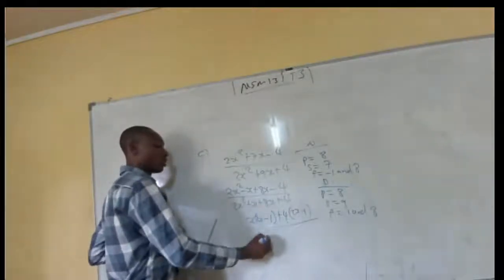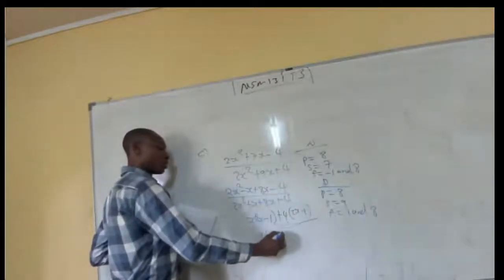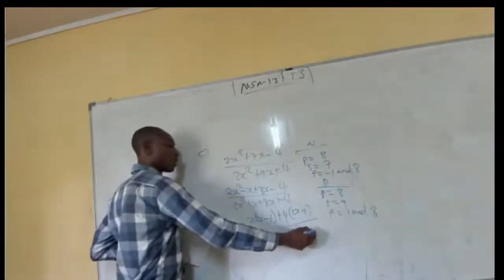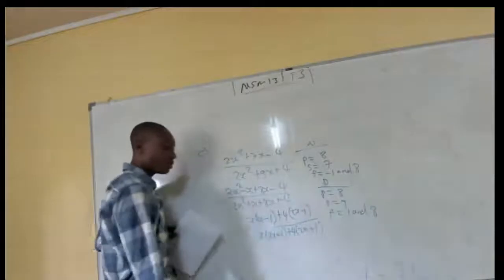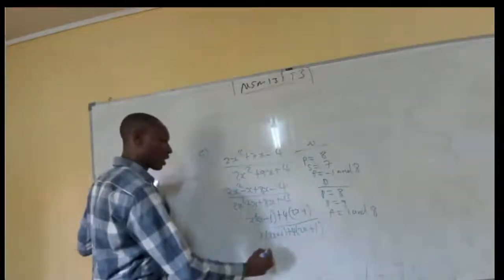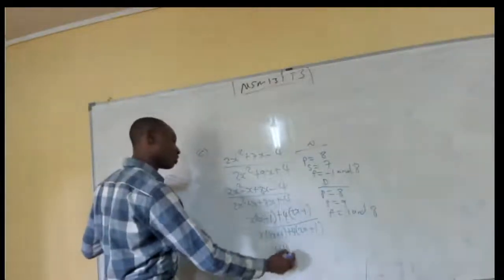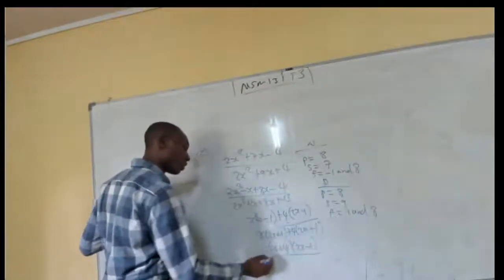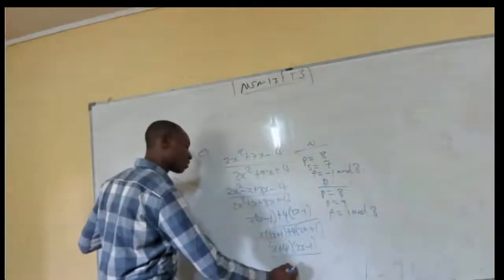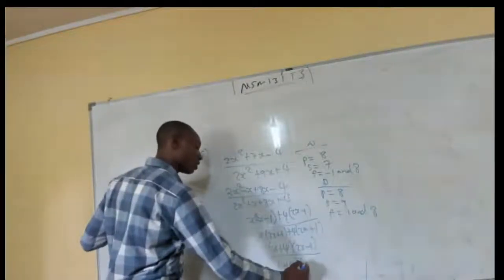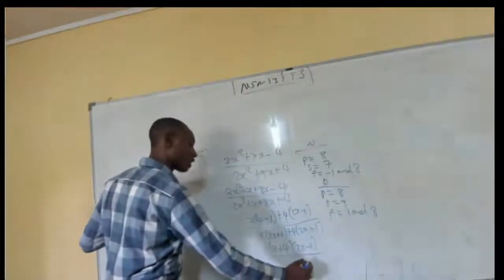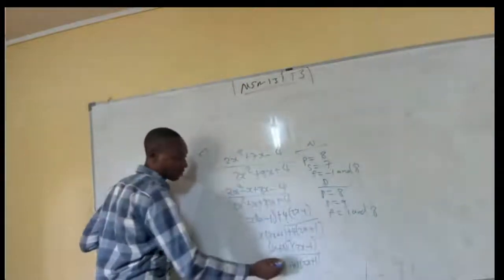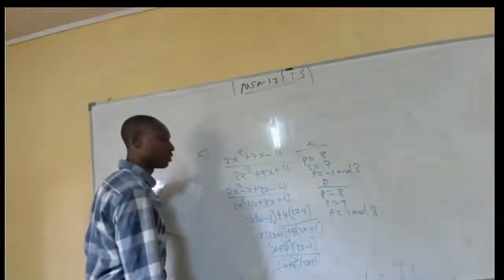Over the denominator, x is common, x(2x plus 1), then plus 4 is common, 4(2x plus 1). So the numerator becomes (x plus 4)(2x minus 1) over the denominator (x plus 4)(2x plus 1). As you can see, the x plus 4 and the x plus 4 will cancel, right?